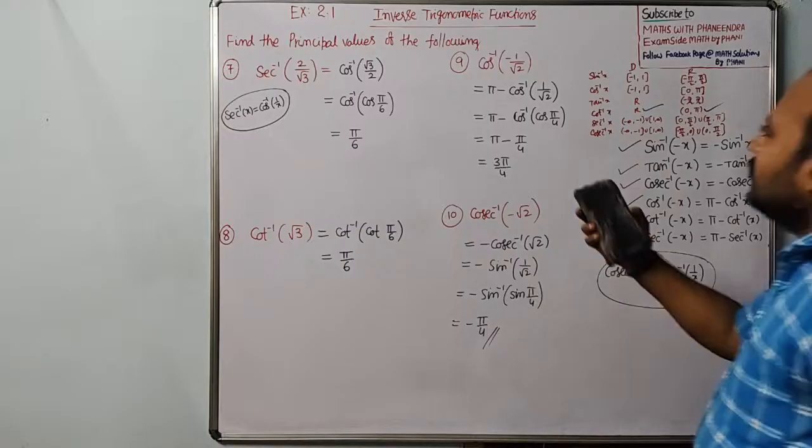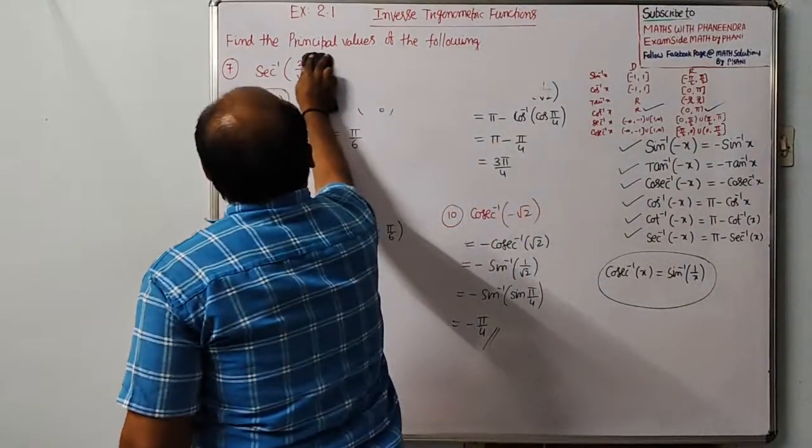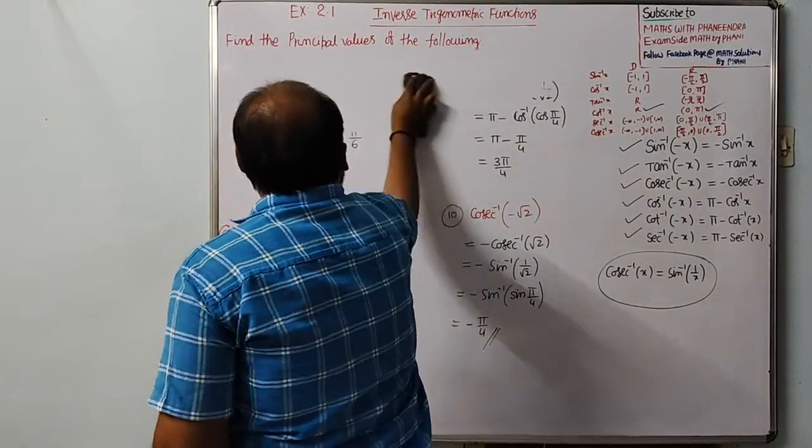Yeah, I'm going to drop this and we will move to another set of questions. I think 3 or 4 more questions are there. We will do it one by one.